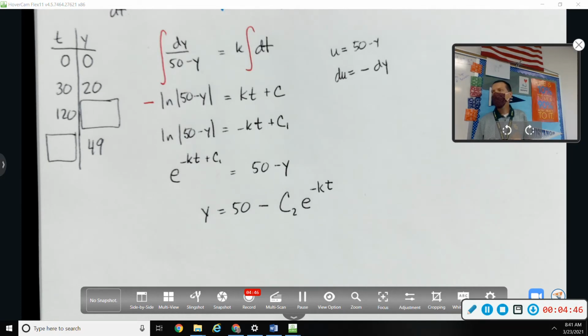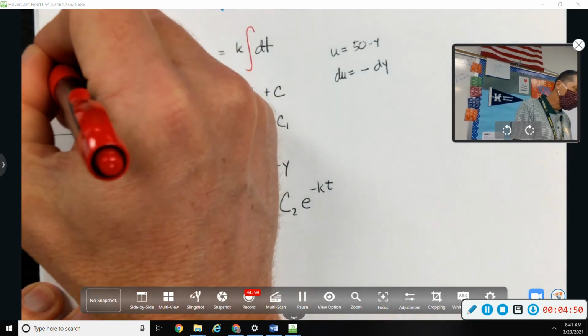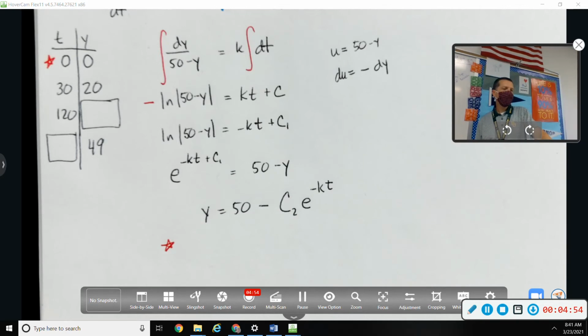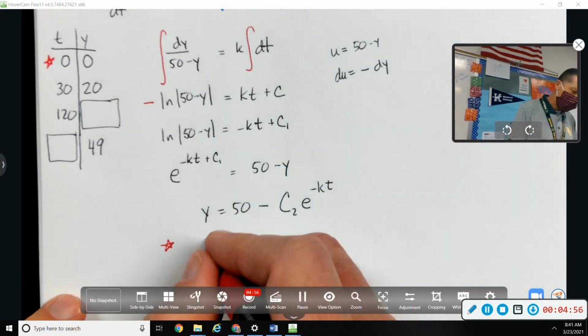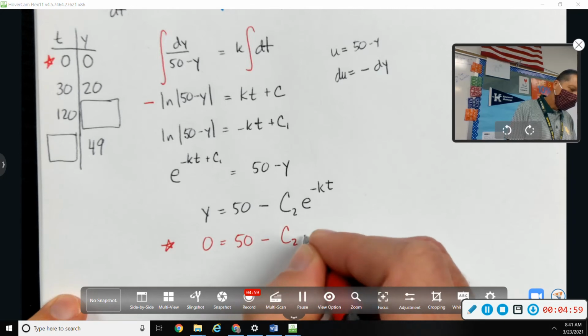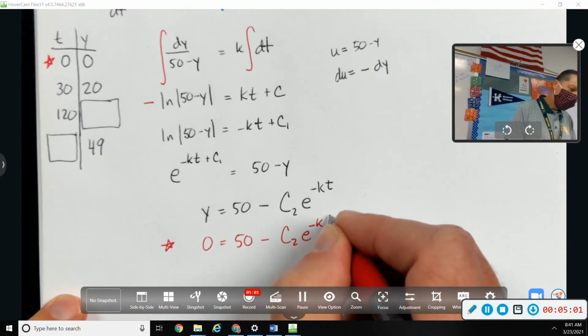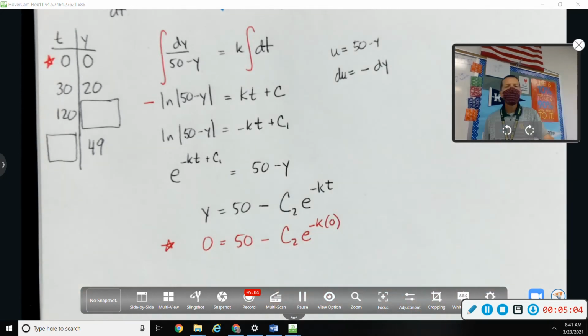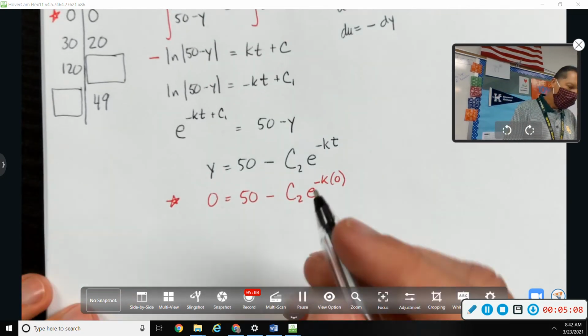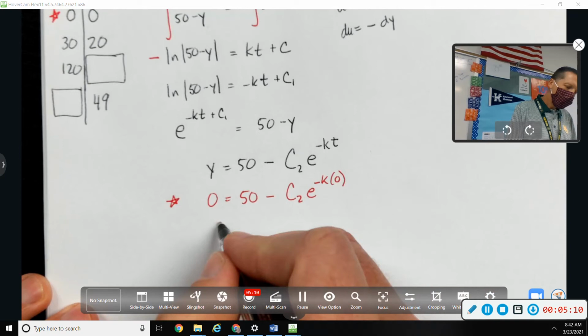So now I've got y solved for. Now I can use the two known data points to figure out whatever I need to figure out. 0 equals 50 minus C2 e to the k times 0. E to the 0 is 1.